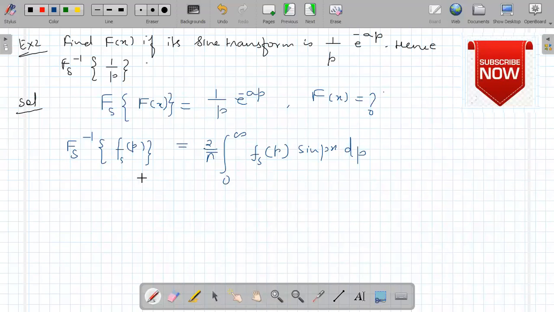So we substitute the value of the function F_s(p), which is 1 upon p e to the power minus ap, sine px dp.